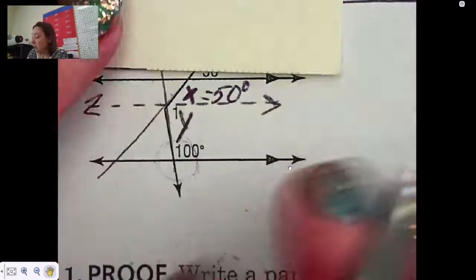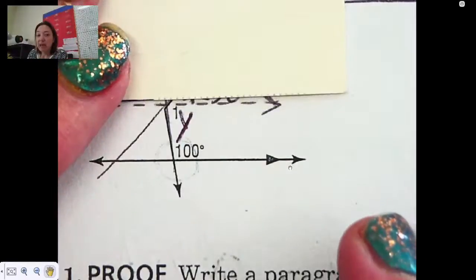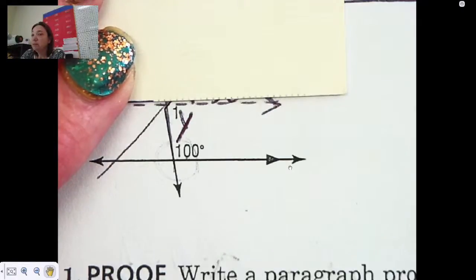And then let's ignore the top for a minute and just look at the bottom. This angle that's 100 degrees and our Y angle, what do we know about those? They are not corresponding. But what are they? Consecutive interior.